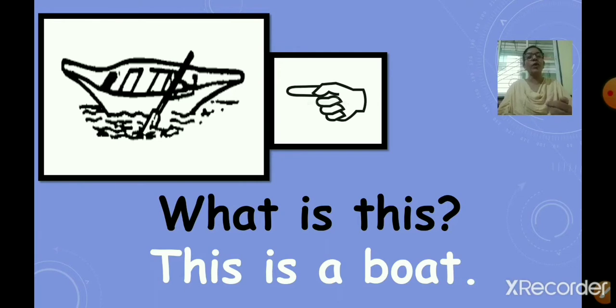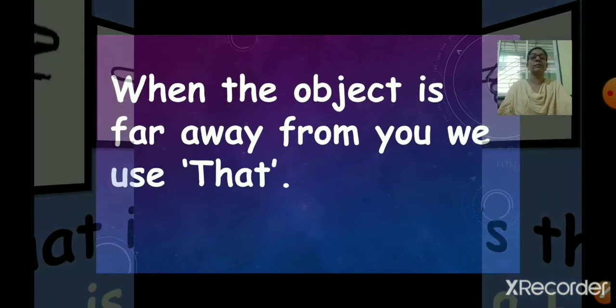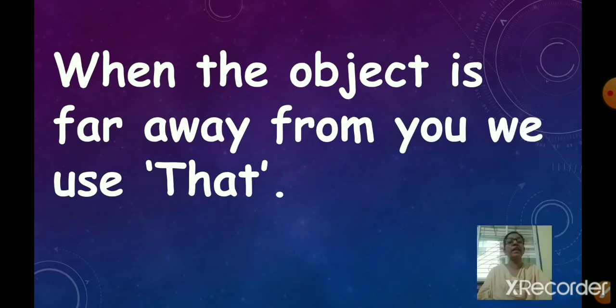Now, we are going to learn when to use that. You all know when to use this in the sentence: when the object is near to you. Now we will see when to use that. When do we use that in the sentence?